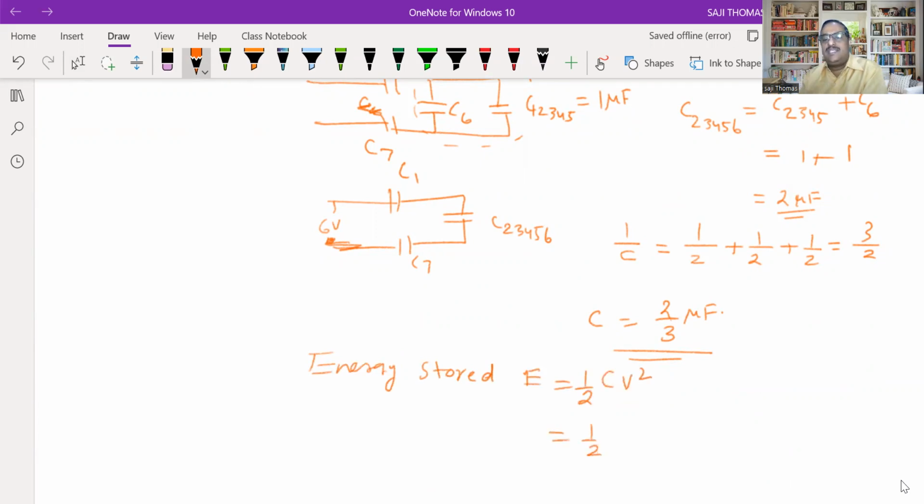Half into C, which is 2 by 3 into 10 raised to minus 6, V was 6 squared. So you are getting 36 by 3 into 10 raised to minus 6, 12 into 10 raised to minus 6 joule. So we calculated. So you have to simplify the diagram in this way.